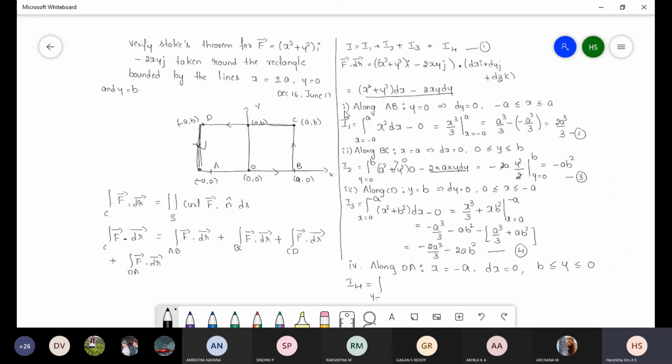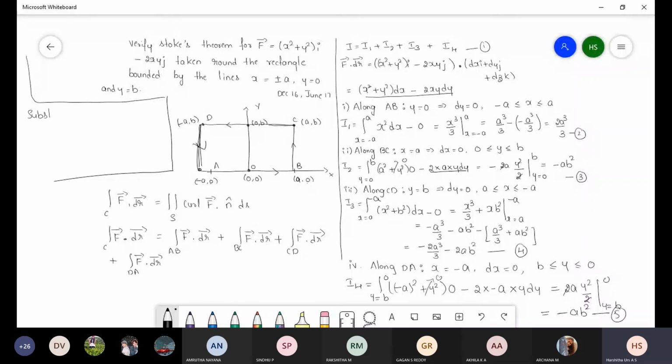So minus a whole square plus y square into 0, because dx is 0. Minus 2 into the x value, minus a, into y into dy. So completely this first term becomes 0. Minus into minus gives plus 2a, which I write outside. The integration of y is y square by 2. The 2 will get cancelled. The limit is y equal to b to 0. So we get minus ab square.